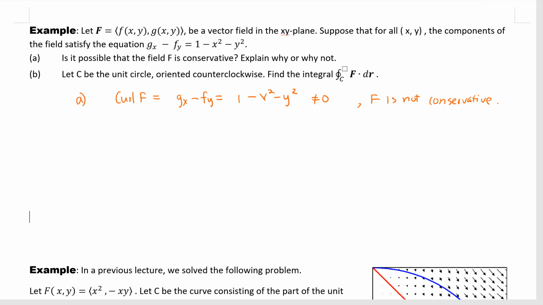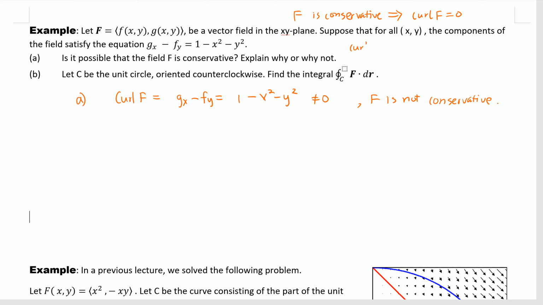So remember, if F is conservative, that implies the curl of F is 0. The contrapositive of this statement is also true. What is the contrapositive statement?